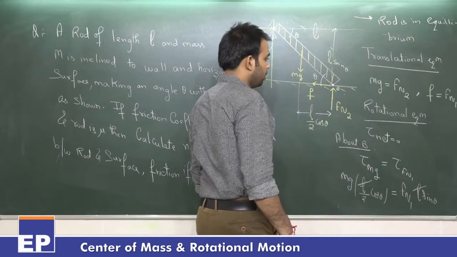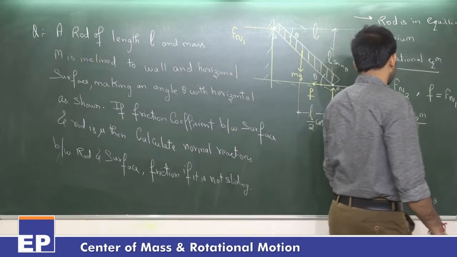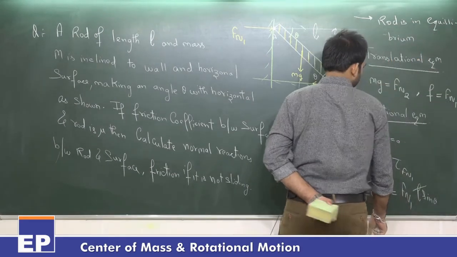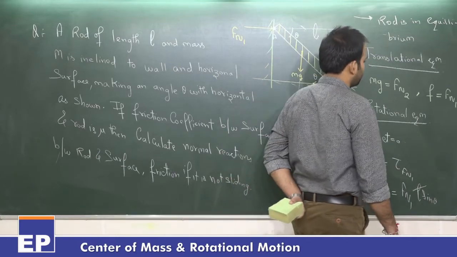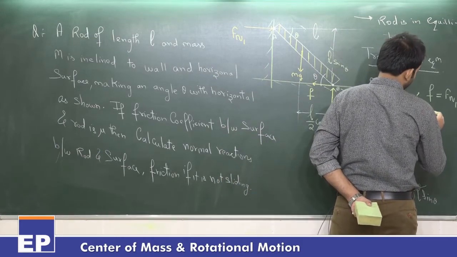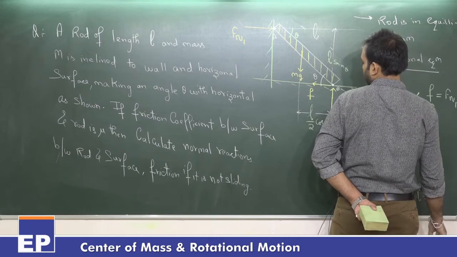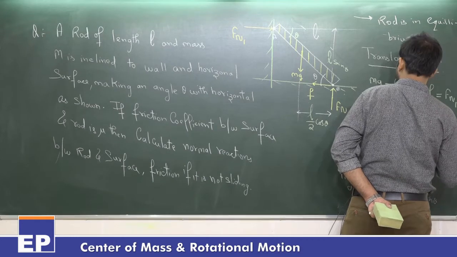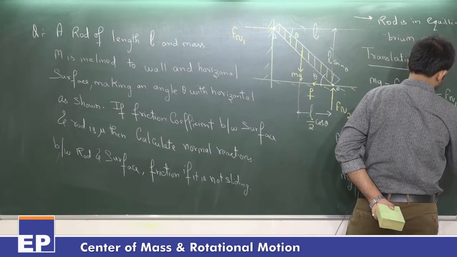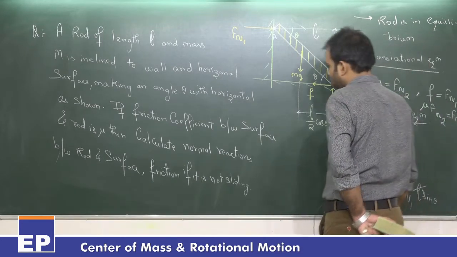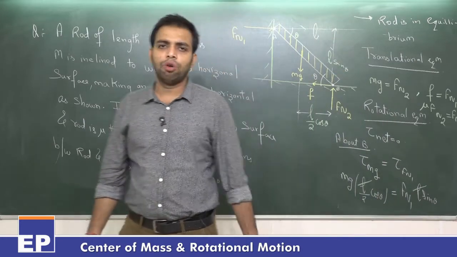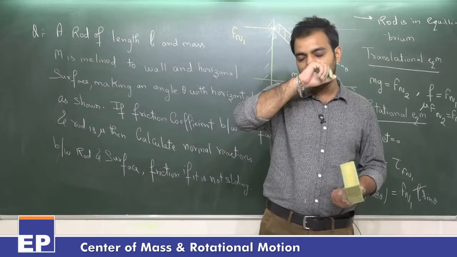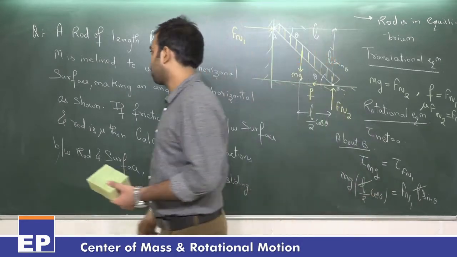And what is Fn1? Fn1 is equal to this, and mg is equal to Fn2. And this is what? Friction. Mu into Fn2. By solving the three equations, we can easily get the value of Fn1, Fn2, and the value of the friction.